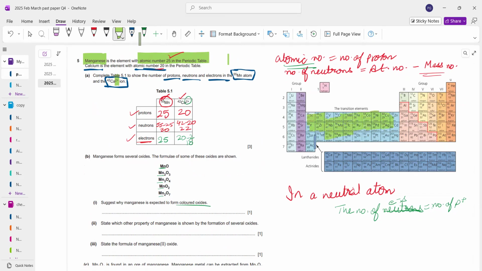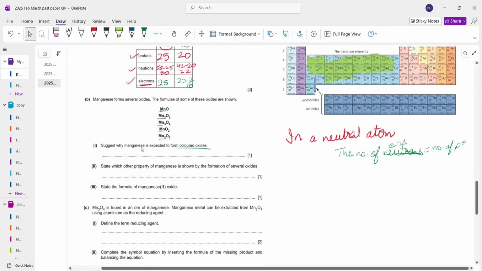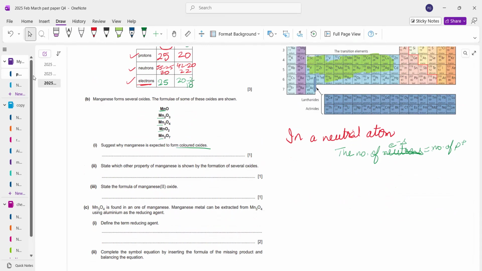This part. Now, the transition elements have this ability to form colored compounds, and we are taught this. So, we can simply say that manganese is expected to form colored oxides because it is a transition element. So, for 1 mark, we can say just this much.